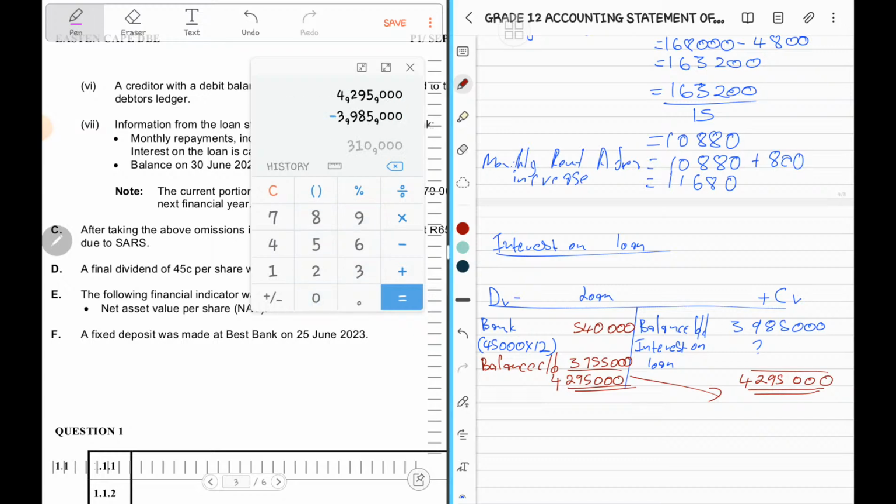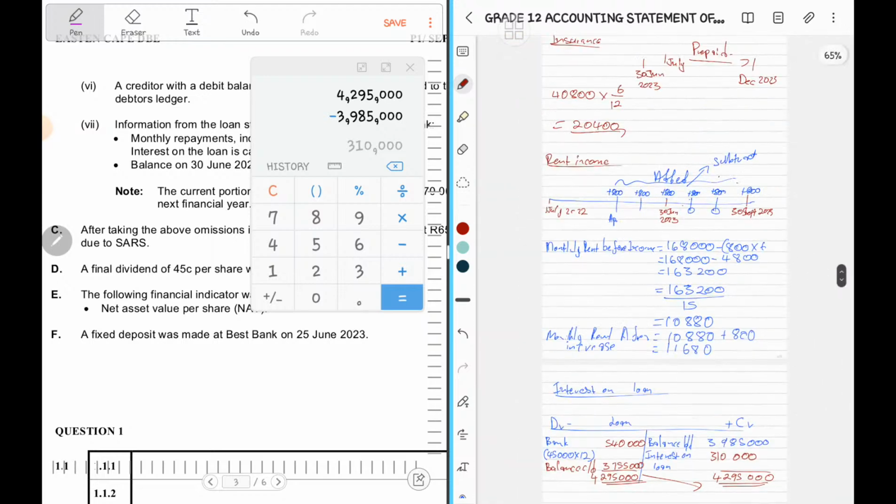That gives us 310,000. So 310,000 is the interest on loan.